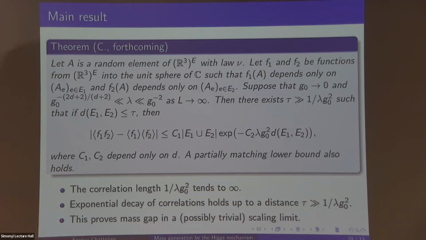Sorry, why did you write it about this R3-valued E rather than just about your original Yang-Mills with the Higgs field? Well, I could have written it that way, but what will happen is that the group elements will all be close to identity. So unless you rescale them in some way, this kind of result will not be meaningful.